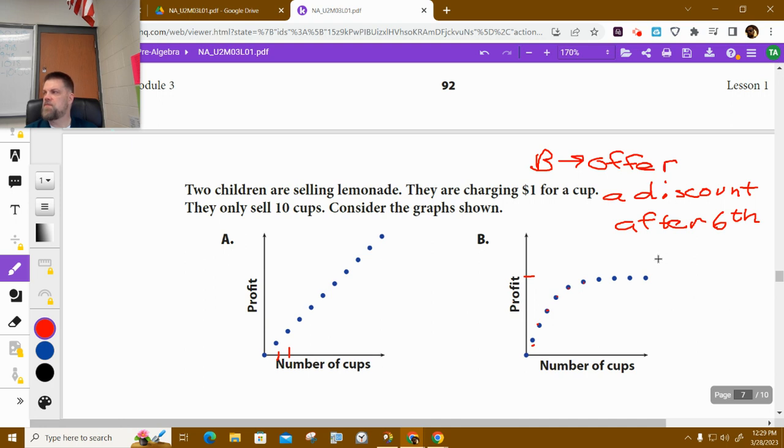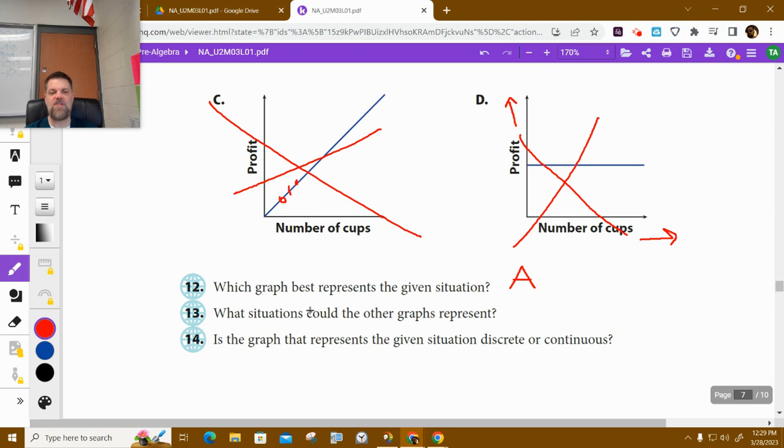Buy 6 cups, get 4 cups free, whatever it is. But after the 6th cup, you could offer a discount. So what that means is you're still selling the cups, but your profit isn't going up. Does that make sense to you guys? Sort of. It doesn't seem very practical from a business perspective.